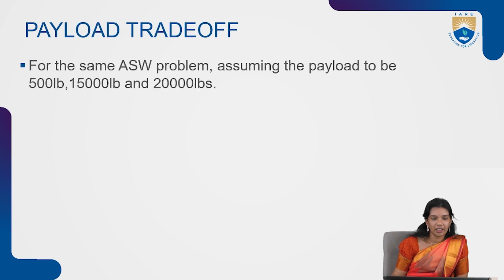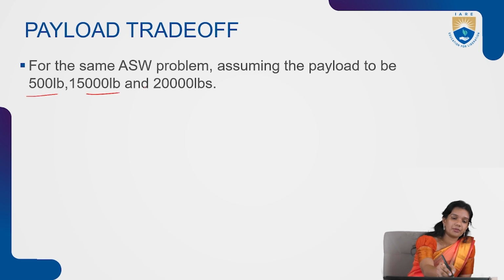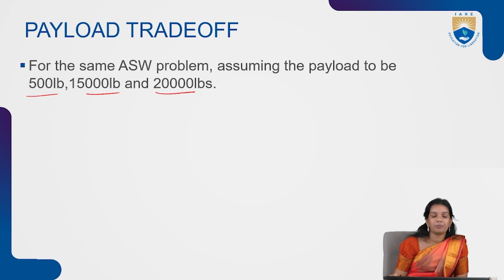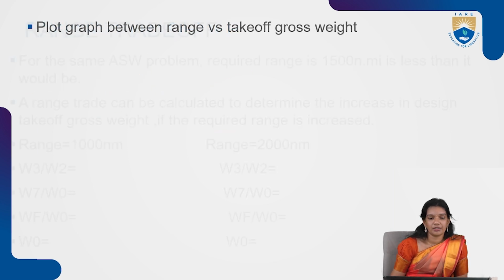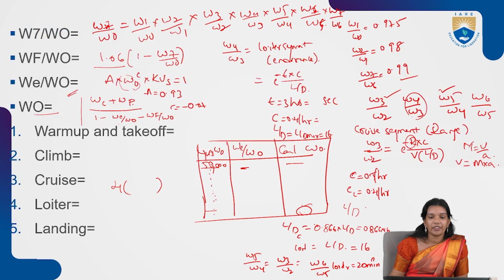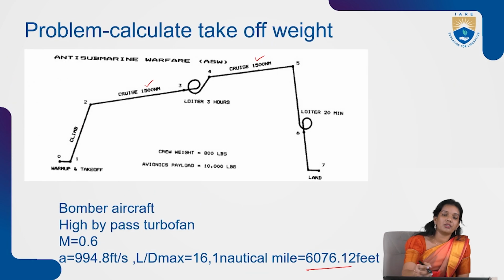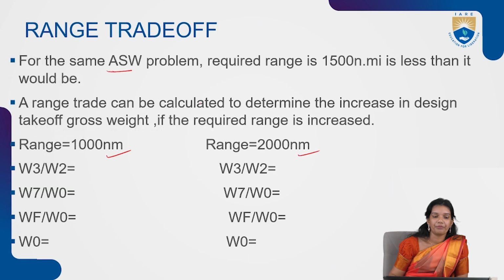Then similarly, for the same anti-submarine warfare, we are going to assume three definite payloads, that is 500 pounds, 15,000 pounds, and 20,000 pounds, right? Only the loitering segment is going to change. So your loiter here is going to be 500, then 15,000, and then 20,000.